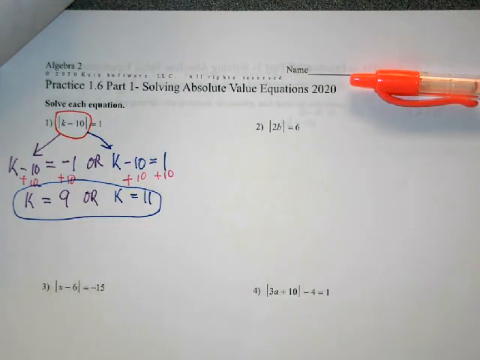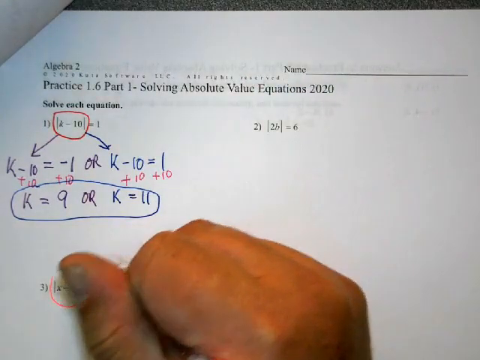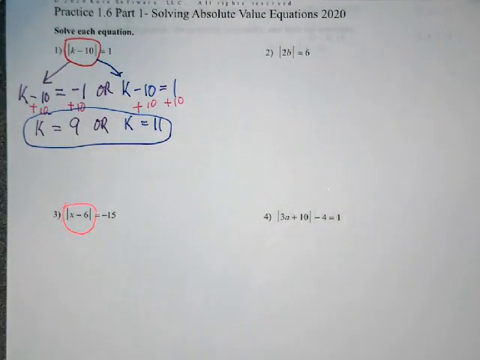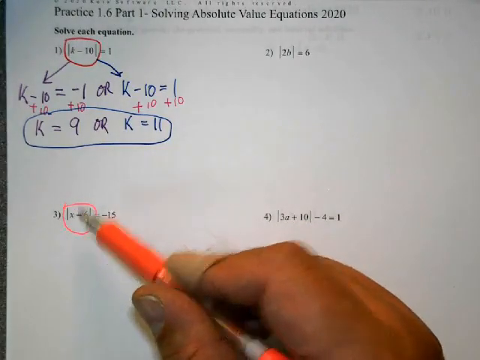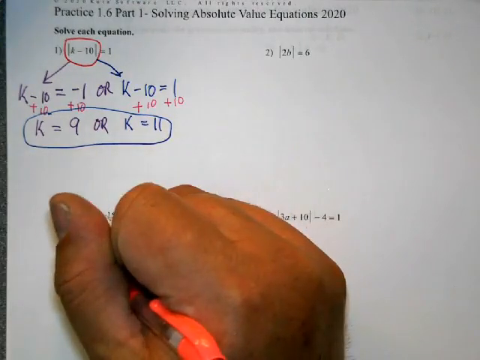What do we have to watch for with absolute values? When you have the absolute value equal to a negative, that can't happen. Anything that comes out of the absolute value when you drop the bars has to be a positive number.